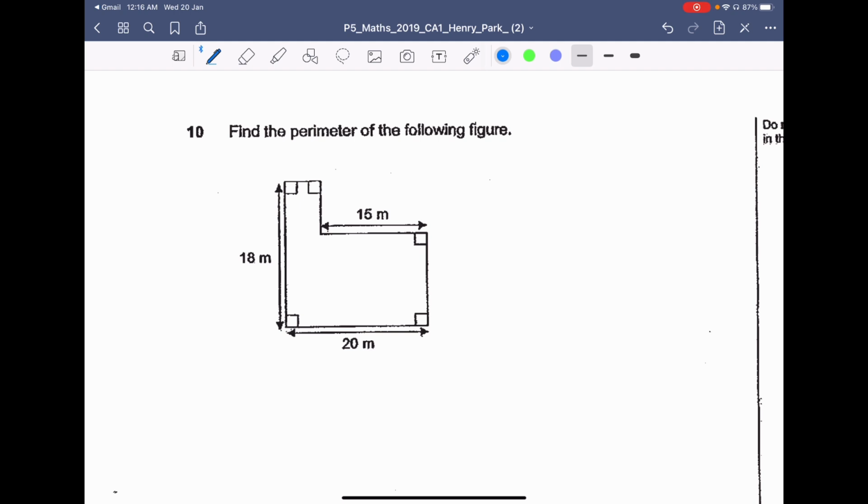Find the perimeter of the following figure. So notice that this is 20 meters, and this plus this is also 20 meters.